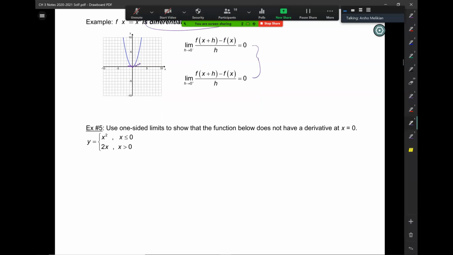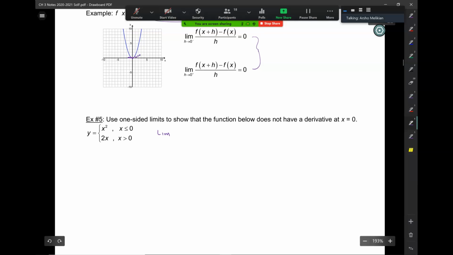Okay, so let's use one-sided limits to show that the function does not have a derivative at x equals 0. Here, I'm going to use the definition with f of x plus h.